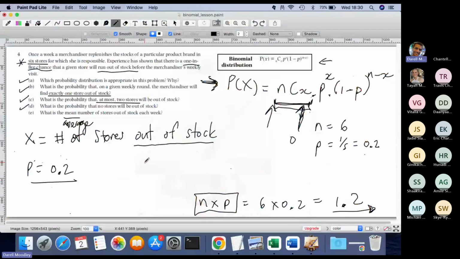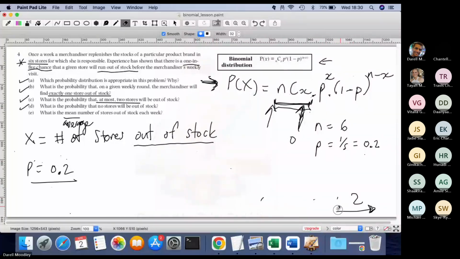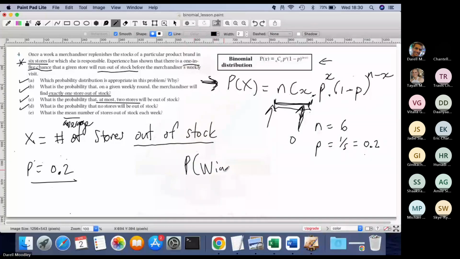So let's just use another example, right? Let's say you played a game. There's a game that you're playing, and the probability of you winning, let's say it's 0.75.